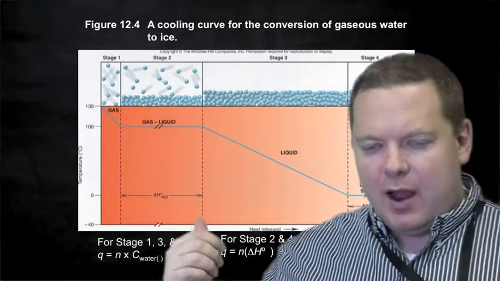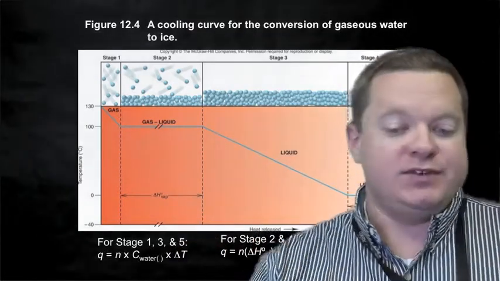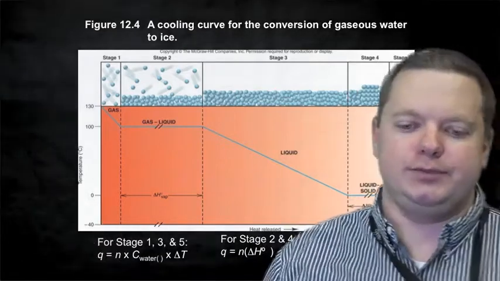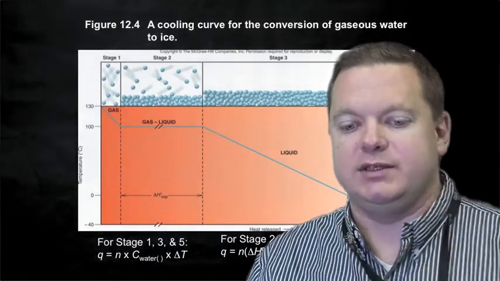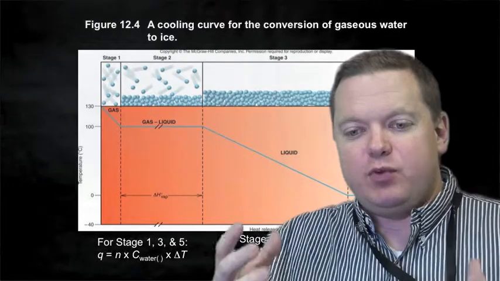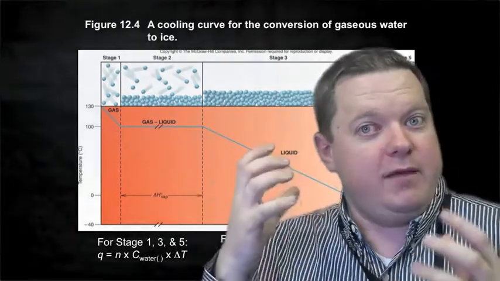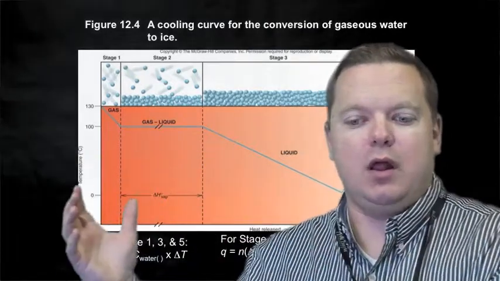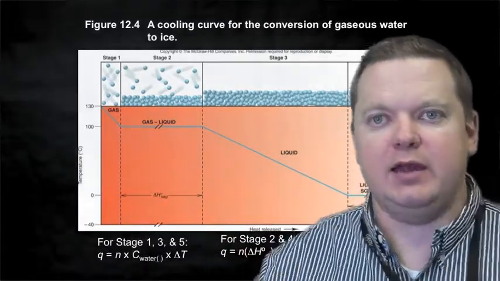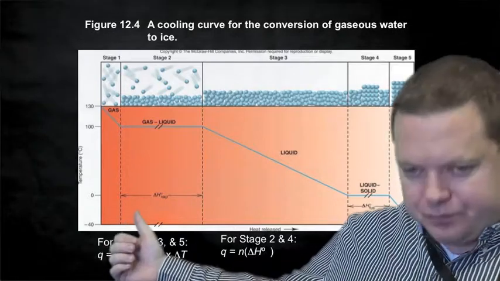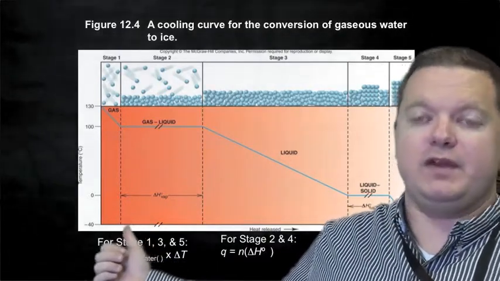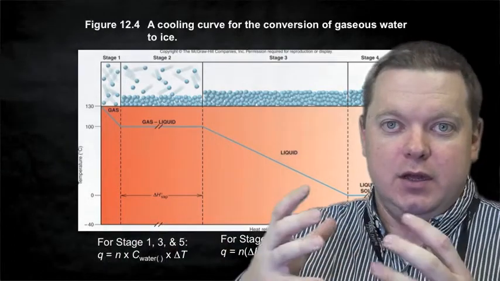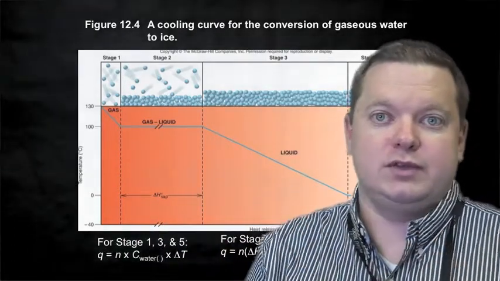So the way we can calculate these energy changes is the same way we calculated energy changes last semester, using this q equation. So we're talking about the heat. For the things where they are in a specific phase, whether it's a gas, a liquid, or a solid, the heat associated with that is equal to the number of moles times the heat capacity of that species under those conditions.